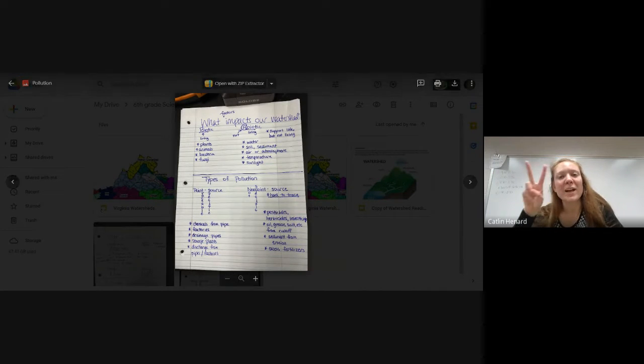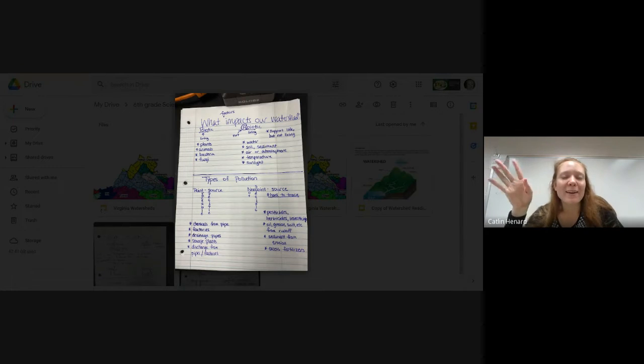We have 2 factors that really impact our watersheds, and those would be abiotic and biotic factors. So I want you to look right here at the root word and the prefix. All right. So bio means life or living. So biotic factors would be all of the things in our ecosystem or our environment that are alive. And then abiotic, the prefix a means not.